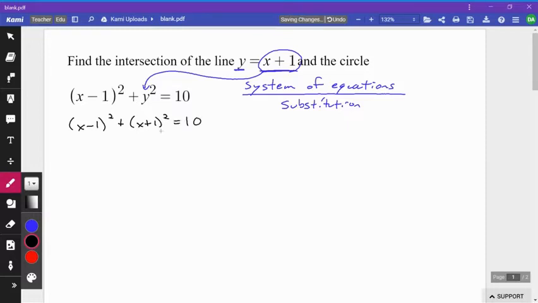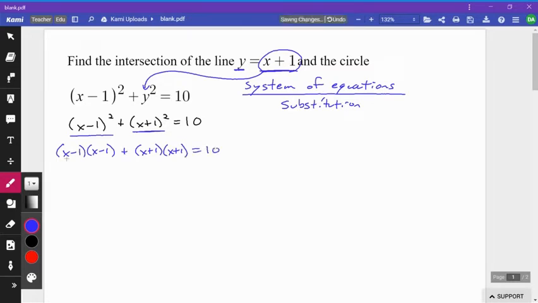Now I have an equation with nothing but x in it, so what I can do is I can solve this equation for x. But I just got to remember what this means. This right here means x minus 1 times x minus 1. This right here means x plus 1 times x plus 1, and don't forget all the other parts of the equation.